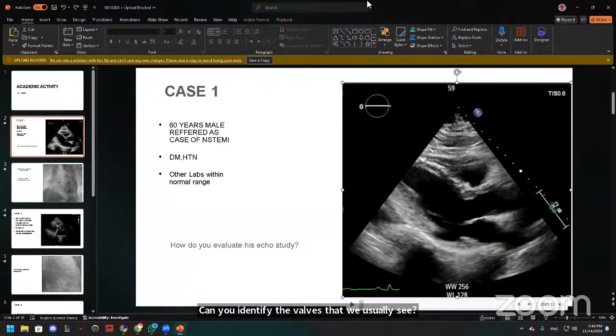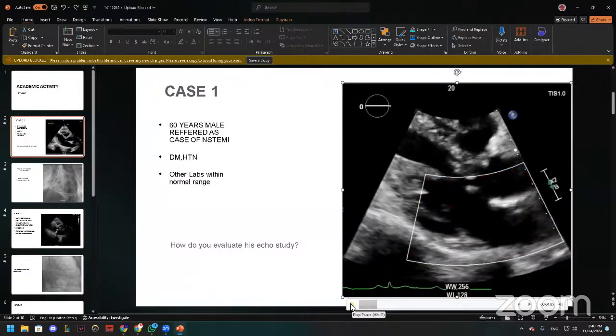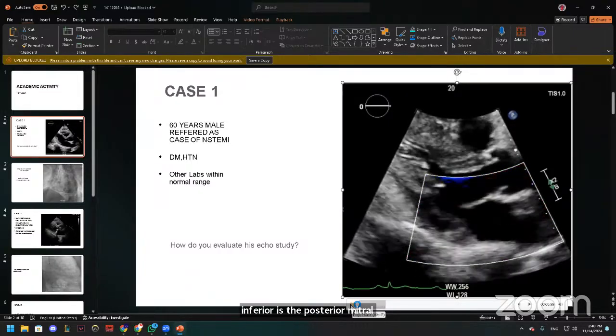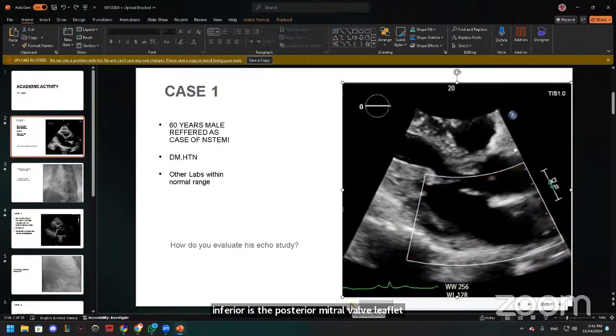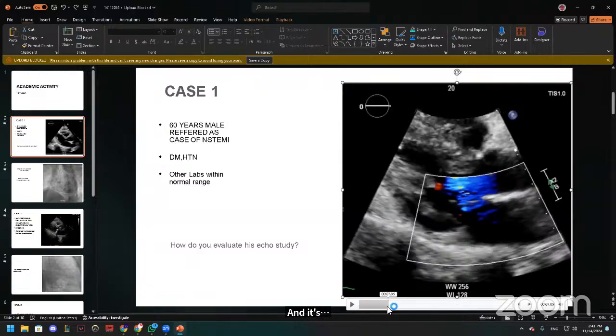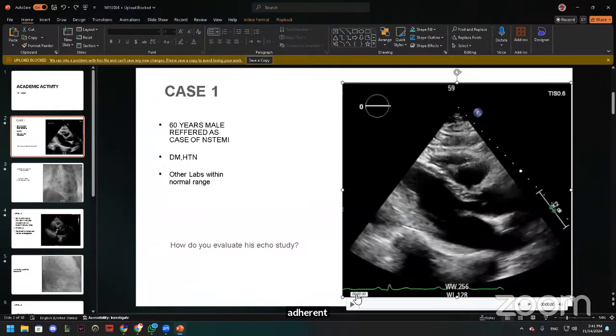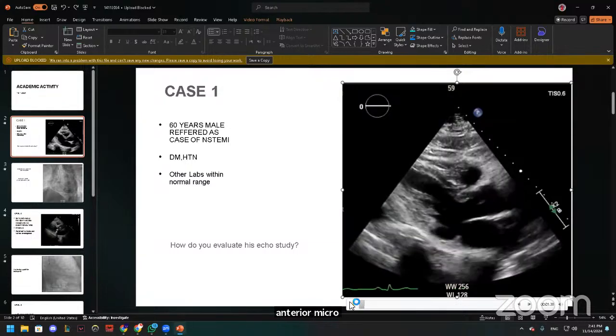The most inferior is the posterior mitral valve leaflet, here is the papillary muscle, and the one in front is the anterior mitral valve leaflet. And on top, next to it, is the aortic valve.